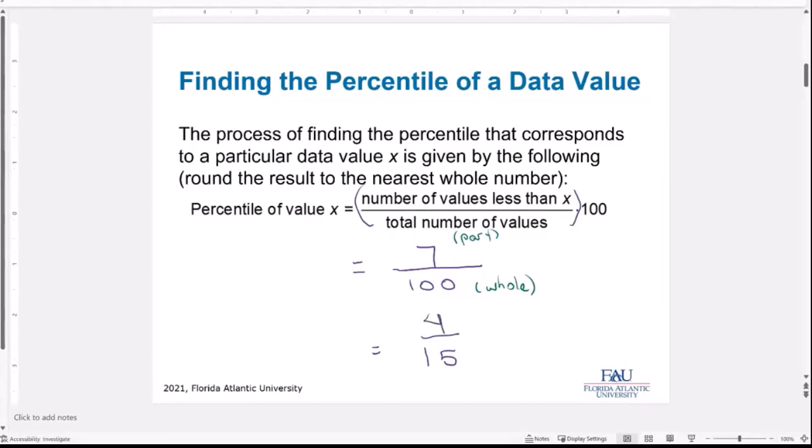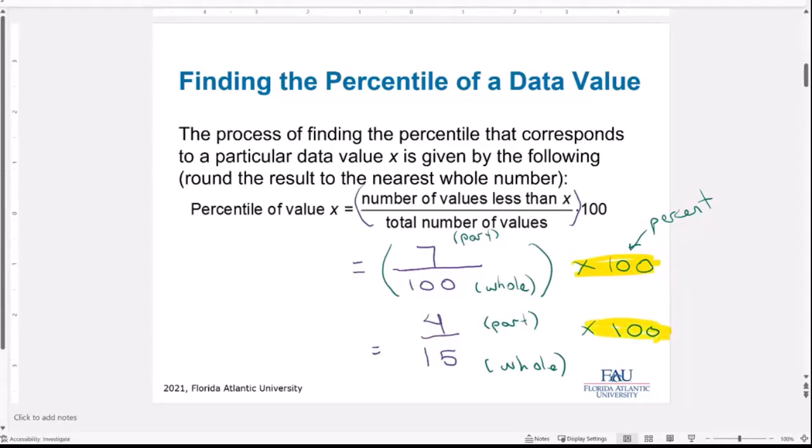This is the part we want, and this is what we have. This would give me the decimal amount. When I multiply by 100, this part makes the decimal into a percent. And the same thing would be true here.